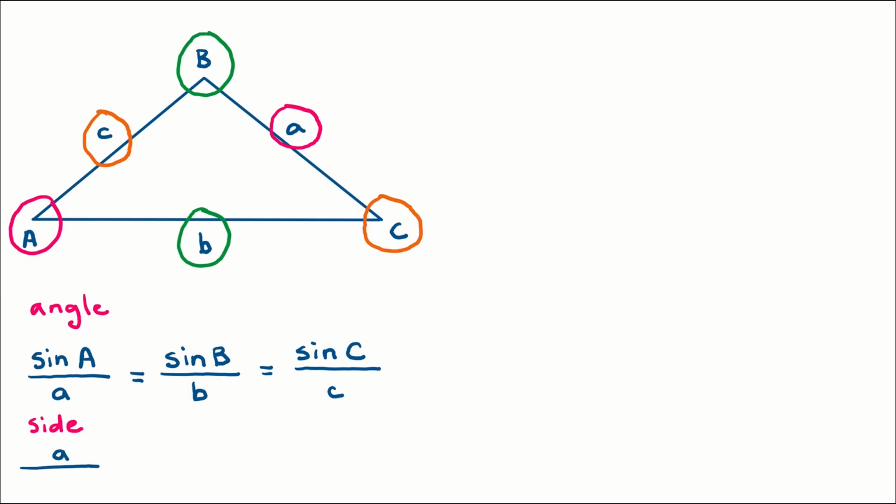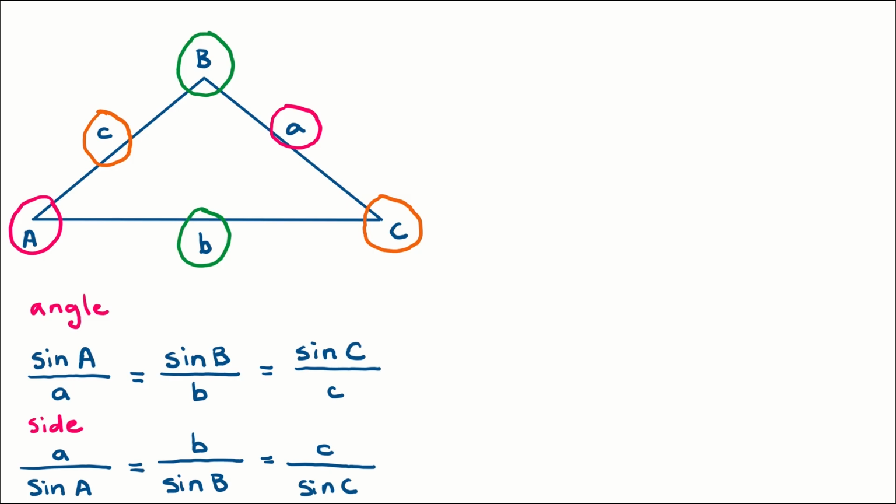So A divided by sine A is equal to B divided by sine B, which is equal to C divided by sine C. So just remember, what you want to find needs to be on the top of your fraction. If you want to find an angle, we do angles on top. If you want to find a side, we do sides on top.